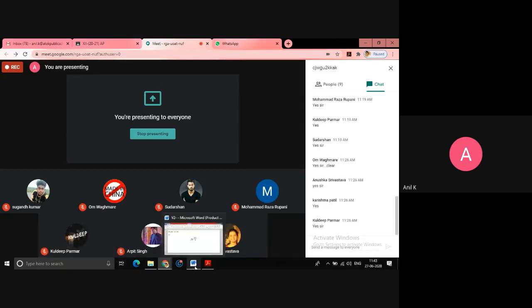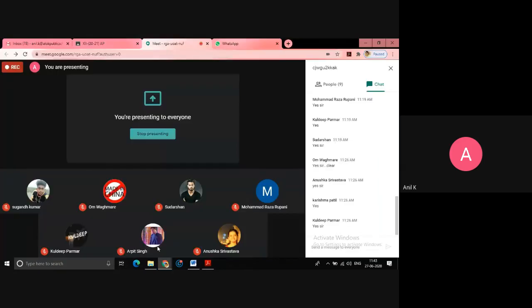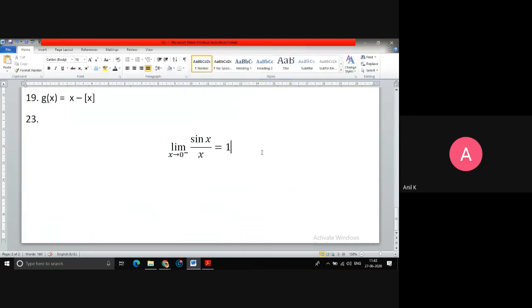No answers are coming. So if you remember, limit x tends to 0, sin x upon x, the answer is going to be 1. Just recall the class 11th answer. So the answer is going to be 1 only. So left of 0, you got the answer as 1.